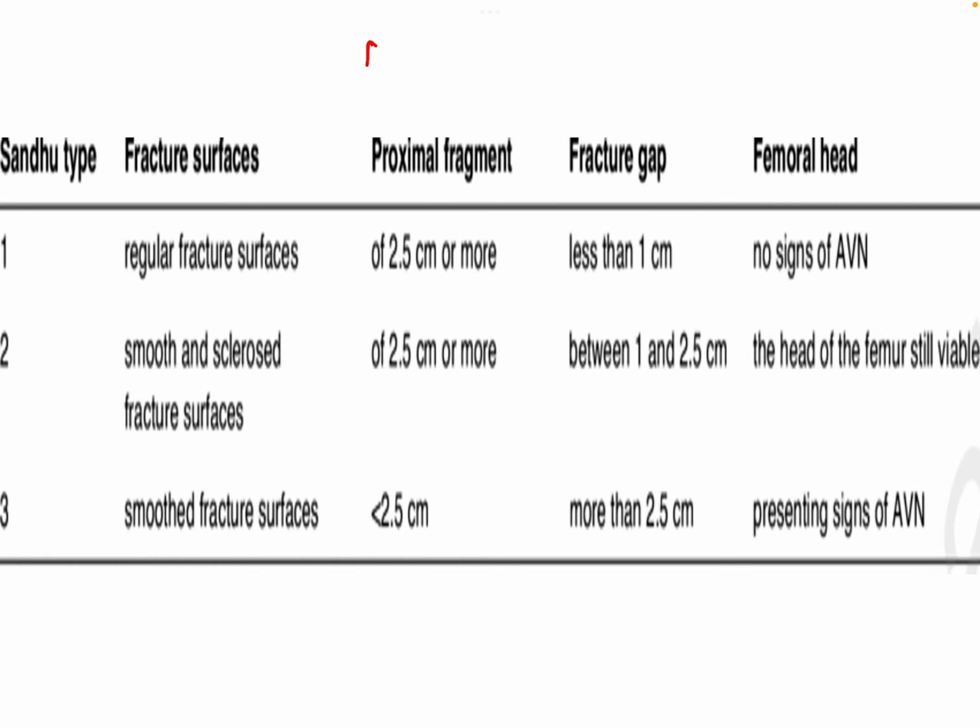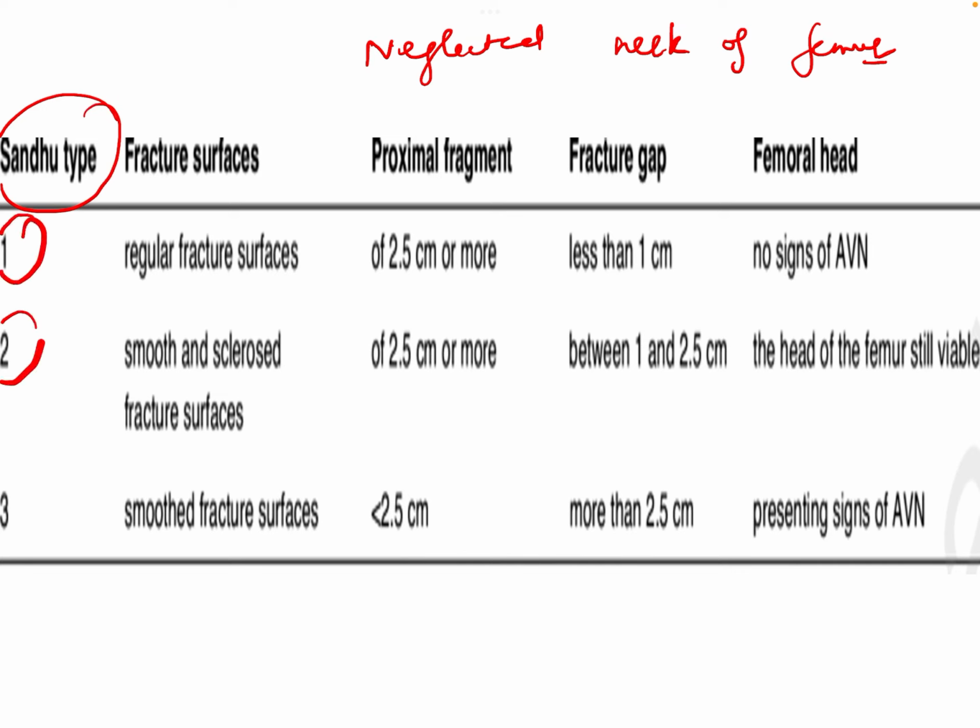In cases of neglected neck of femur fractures, we have a classification by the name of the Sandhu's classification. Here we classify into three categories: 1, 2 and 3. These three categories are decided upon by four features.